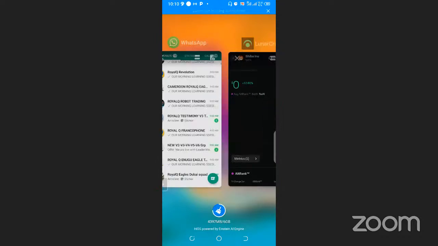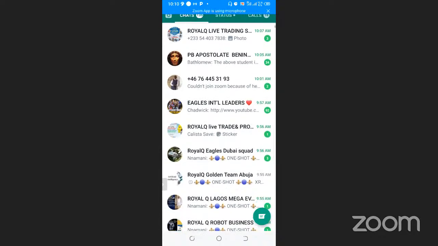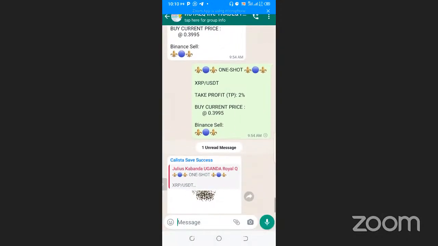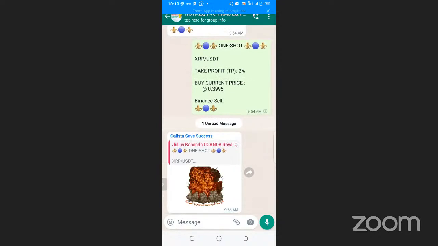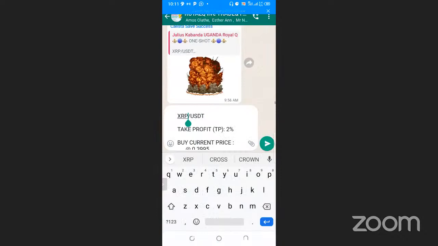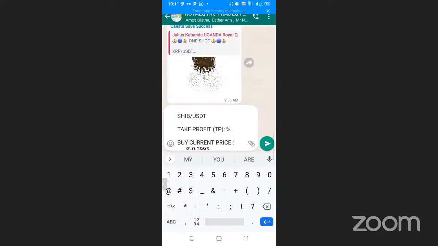That is Shiba. We move down to our platform. So that's Shiba Inu. That's Shiba. Am I correct? That's 1.5.